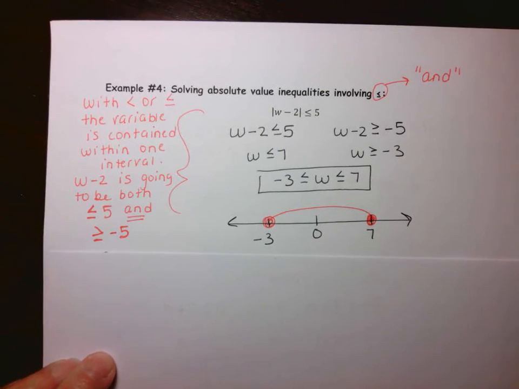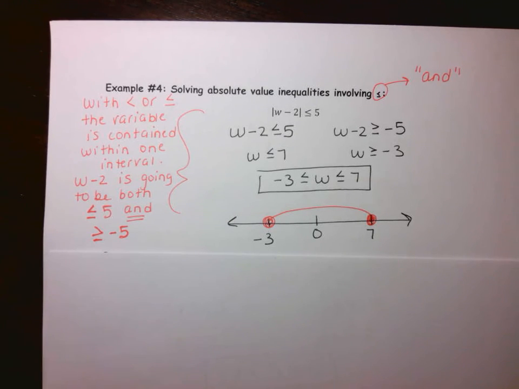With less than or equal to, the variable is contained within one interval. So what I'm saying is w minus 2 is going to be both less than or equal to 5 and greater than or equal to negative 5. And the pre-AP material does an excellent job of explaining this a little bit deeper.